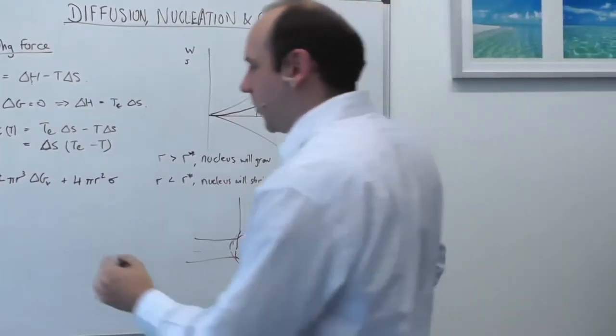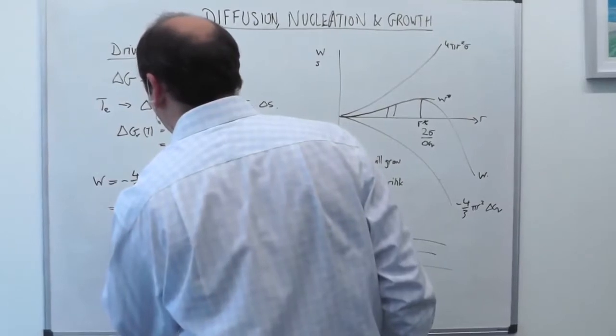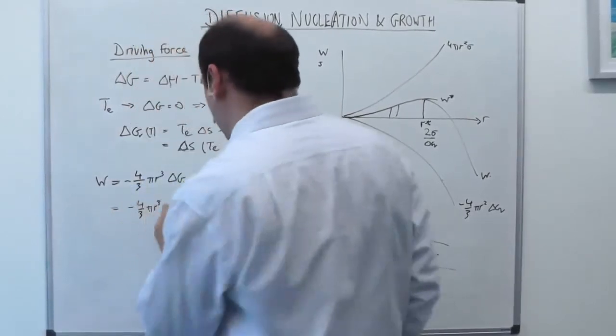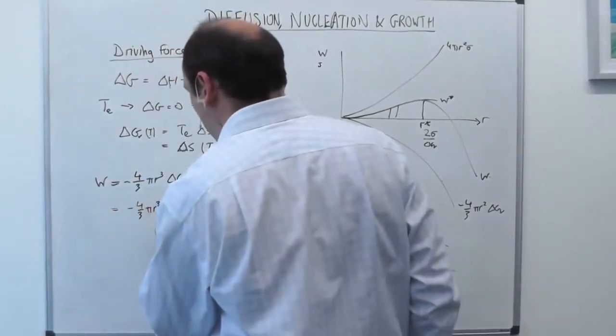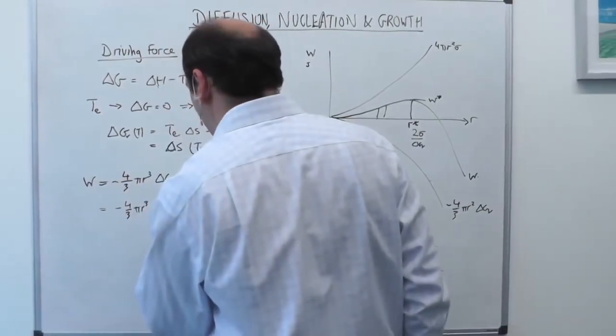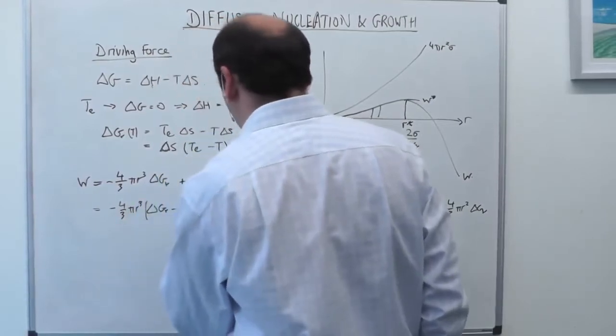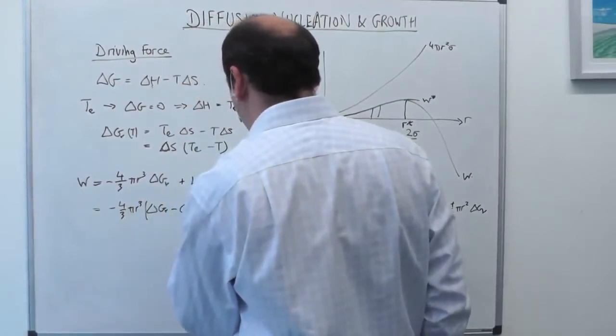And so we could put that in as being minus 4/3 pi r cubed times delta GV, minus CK gamma squared. I'll explain what those terms are in a second. Plus 4 pi r squared sigma.